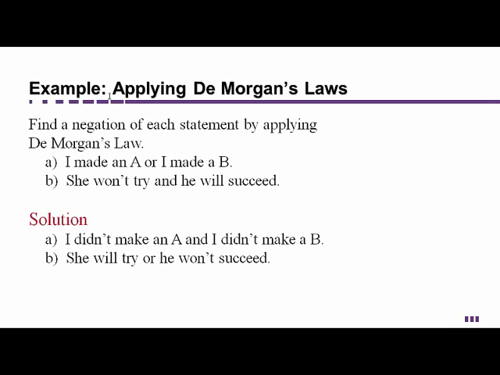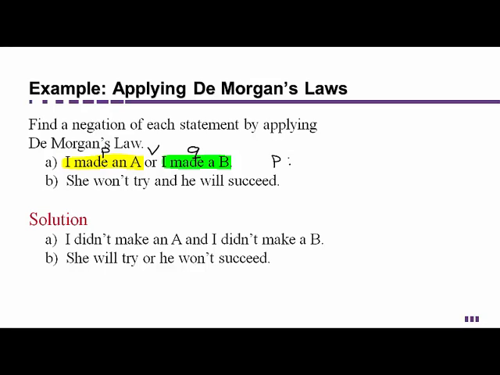Lastly, we can use De Morgan's laws to negate statements in English. So for instance, I made an A or I made a B. Those are both statements, separated by an or. I made an A is one statement. I made a B is another statement. We can think of this as P, this is Q, and or, remember, is this way.